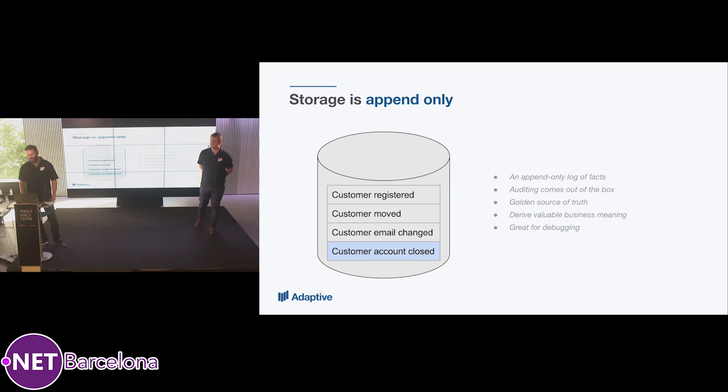This way, we always have a golden source of truth in the system, and valuable business meaning can be derived from that source of truth, even well after the system was originally designed and developed. For example, the business may need a report that answers the question, how many customers have moved house after 3 months of signing up? And you can easily derive that information from this source of truth.